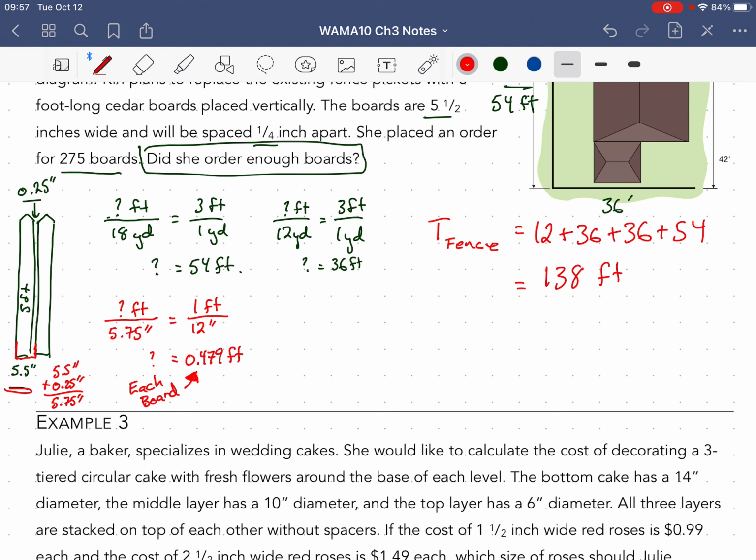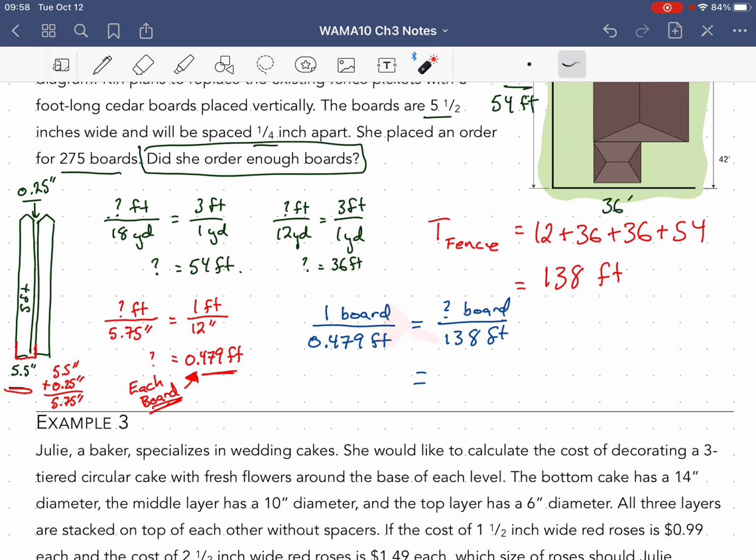So now, one board. Now we need to use, each board takes up this much space. So one board takes up 0.479 feet. Means how many boards will take up 138 feet?